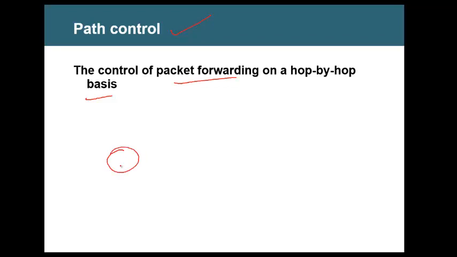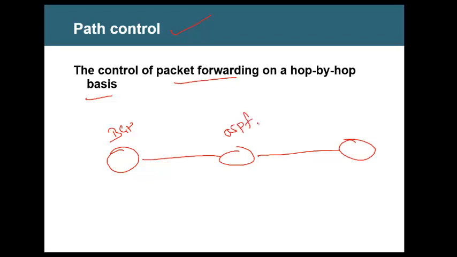The first router decides which route to go. The second router will also decide. The third router will also decide. Maybe the first router decides based on BGP's decision. The second router may decide based on the OSPF running on this router. The third router may be based on EIGRP.